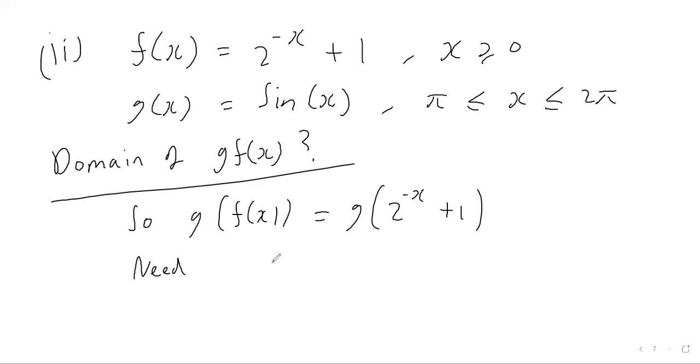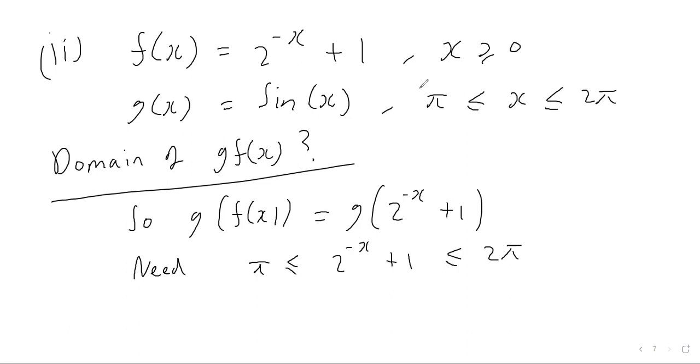So we need pi to be less than or equal to 2 to the minus x plus 1, between pi and 2 pi. That's what we need, because in order for g to be defined, that's our set of values that we need. Okay, but now where does f exist?